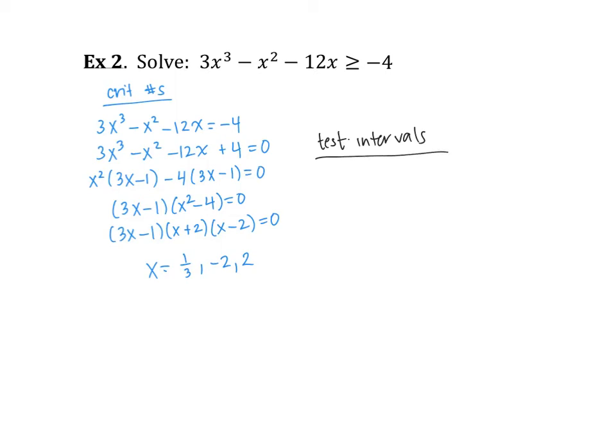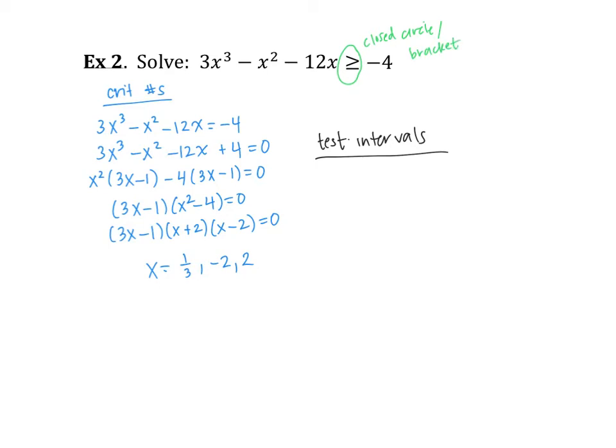Okay, let's see. I'm going to go from lowest to highest. I'm going to consider the inequality sign as well. Because this is greater than or equal to, this is going to be either a closed circle at the critical numbers, or it's going to be a bracket.